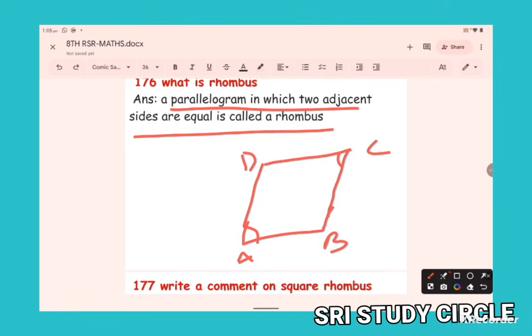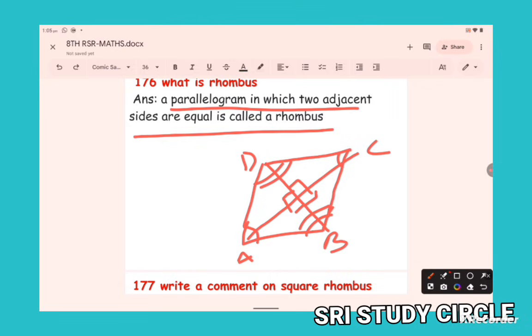Opposite angles are equal. Opposite sides are parallel. In a rhombus, the diagonals perpendicularly bisect each other. The lengths of the diagonals are not equal. All these are the properties of the rhombus.